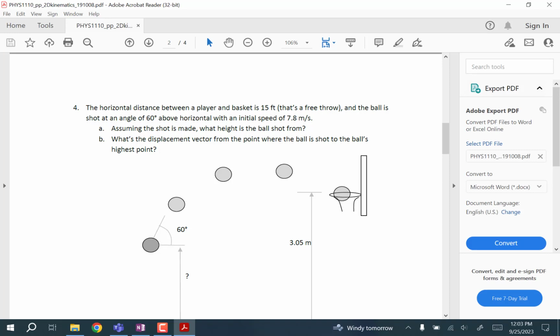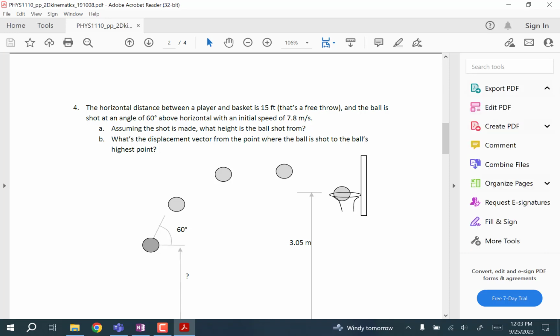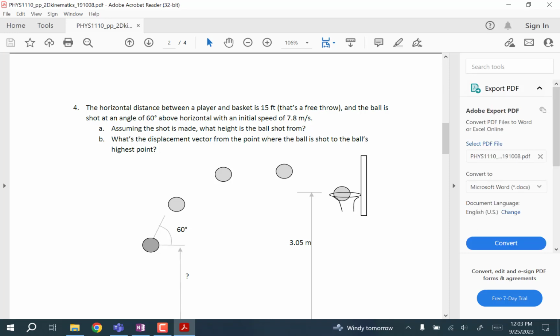Okay, so all right, so this basketball is shot, and we know the horizontal distance.